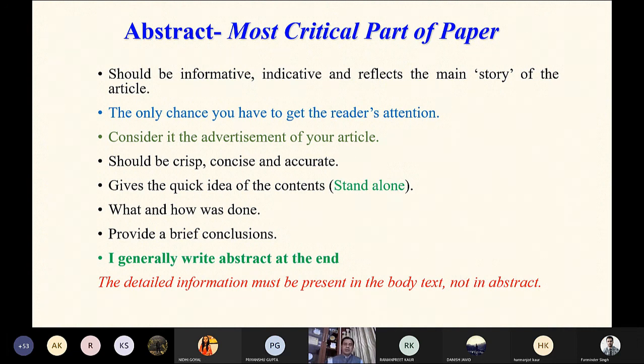Informative in the sense of the objective that has been taken, the research methodology that has been used, and the findings that we are going to have. These are the things that we include in the abstract.